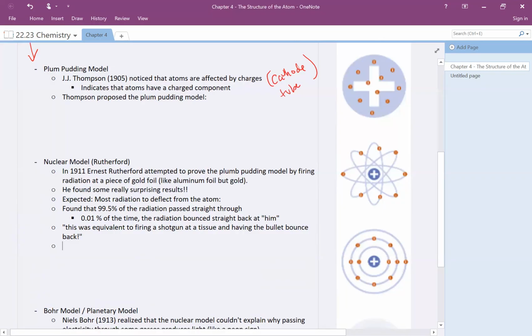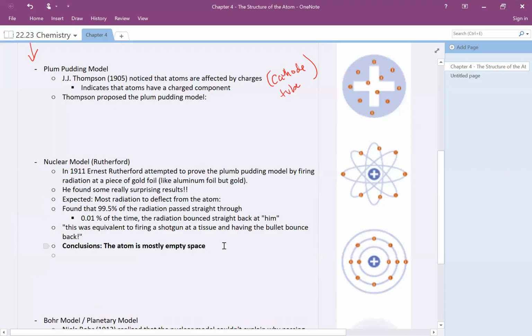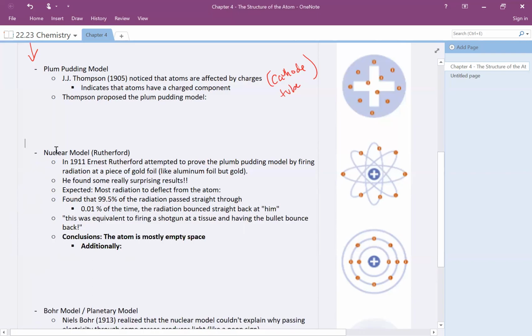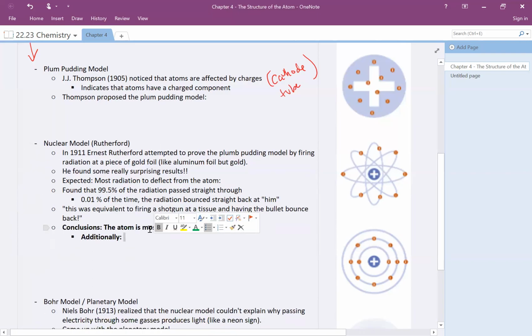And so conclusions, and these are really important conclusions. The atom is mostly empty space. That is very important, mostly empty space. He also found that although most of the atom is empty space, there was that one really dense part that reflected the radiation back at him and that really deflected things very strongly.